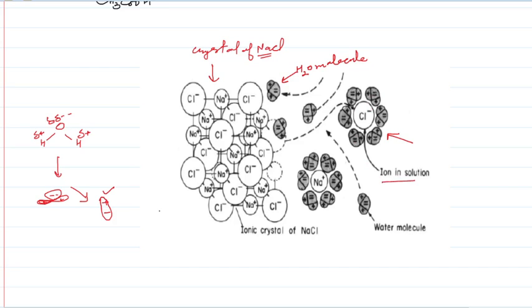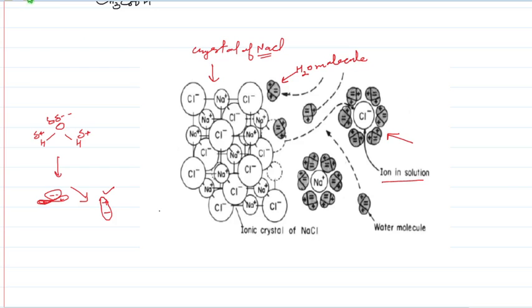That means this will be simply the solvated chloride ion. Similarly, you will see here the solvation of the Na positive ion by these water molecules. You can also draw these in this way.